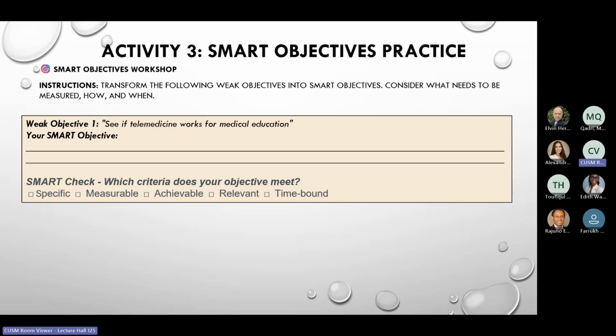The weaker objective states, see if telemedicine works for medical education. Go ahead and type this in here. Measure the effectiveness of telemedicine utilization among IE community members using a self-administered survey among adult IE community members during the next 6 months.